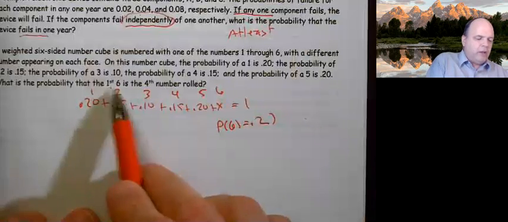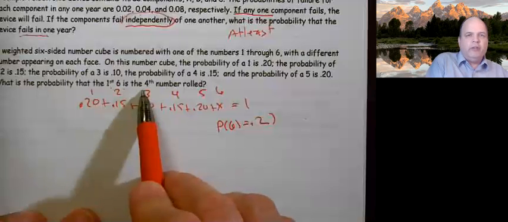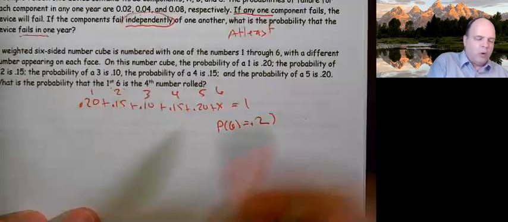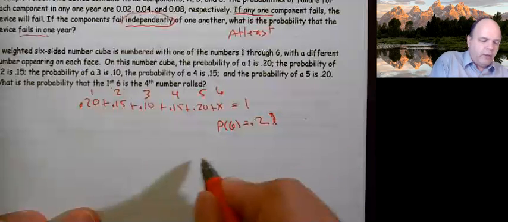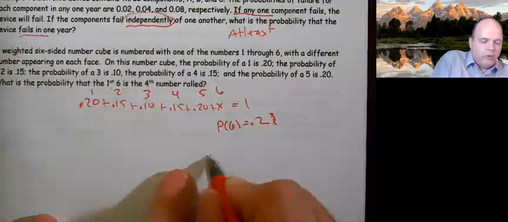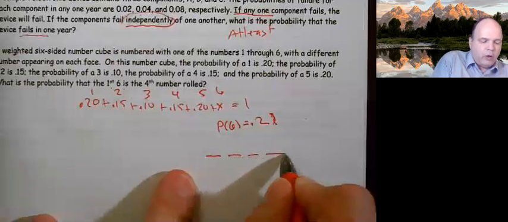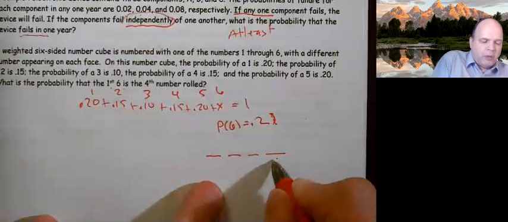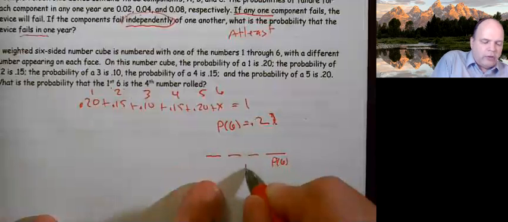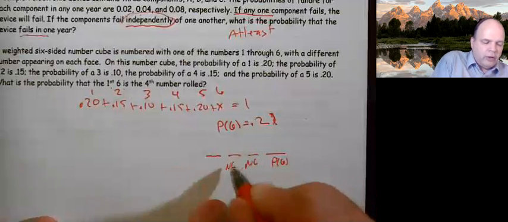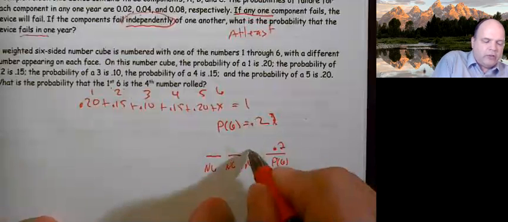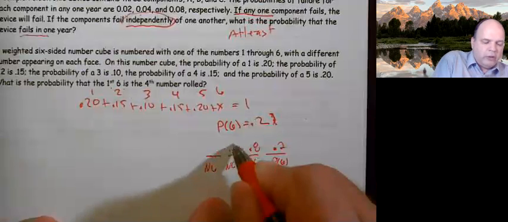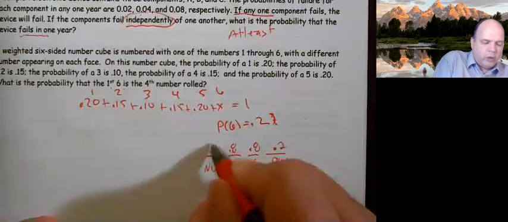What is the probability the first 6 is the fourth number rolled? So 1, 2, 3, 4. This is a 6. We want the probability of not a 6, not a 6, not a 6, then a 6. The probability of a 6 is 0.2, and not a 6 is going to be 0.8, because that's just the complement, 1 minus 0.2.